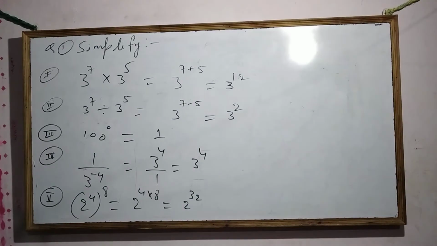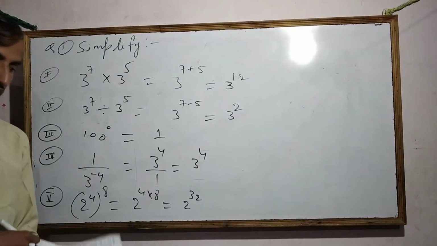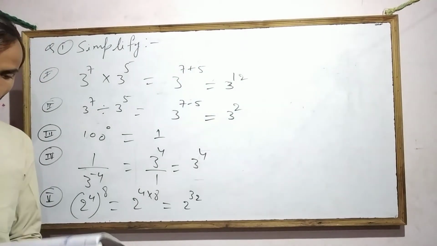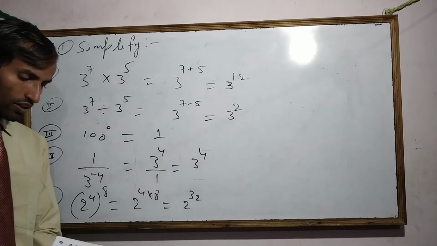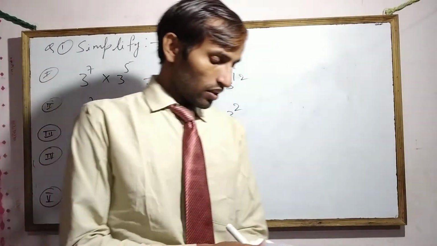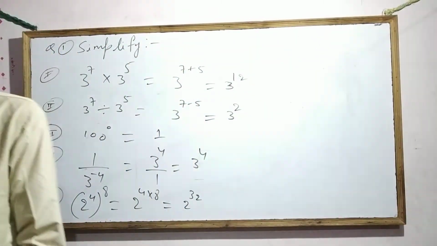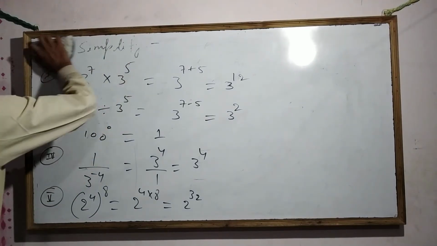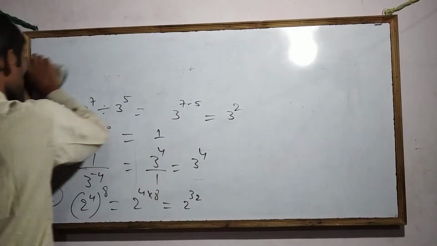Like that, you have to follow whatever is given in the exercise in the same way. Now our next topic is standard form, converting any number into scientific form or scientific to standard.